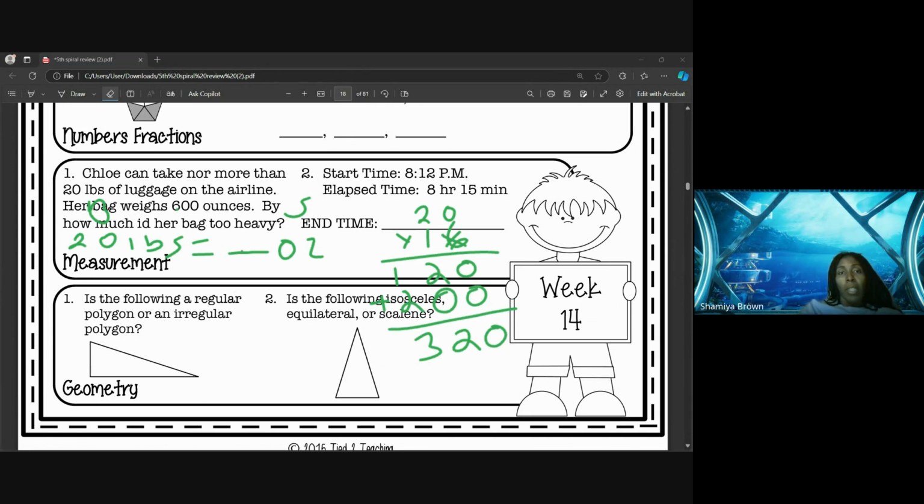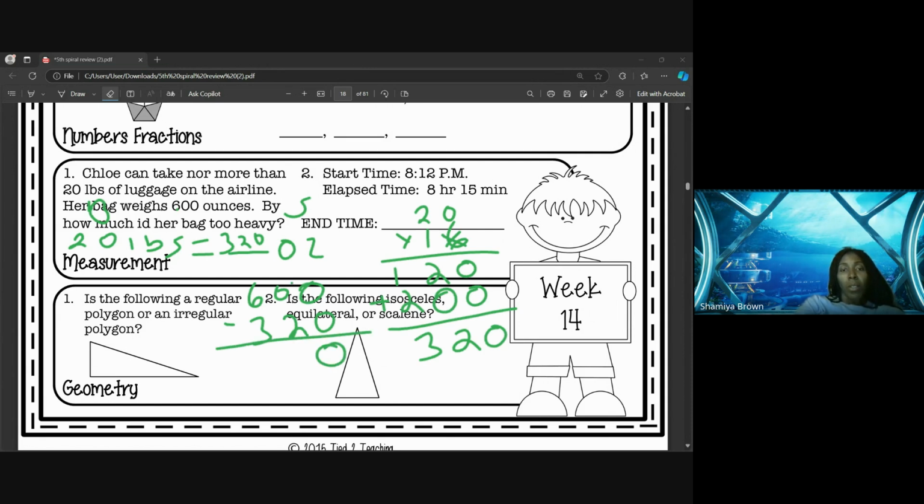Her bag weighs 600 and it's supposed to only weigh 320. So to find the difference, to see how much it's too heavy by, I need to subtract 320 from 600.